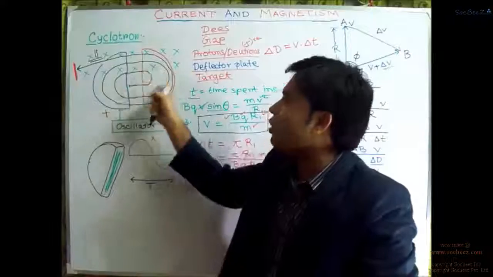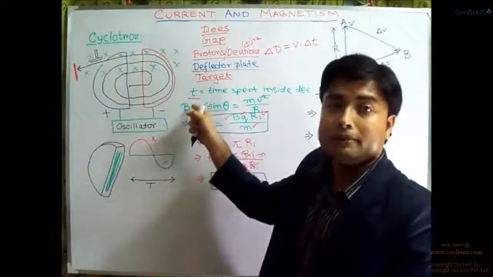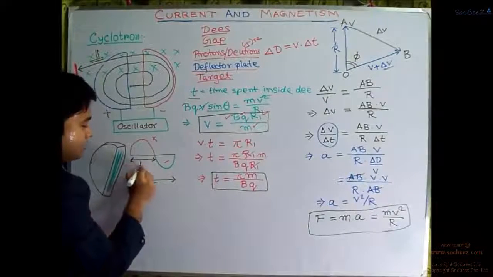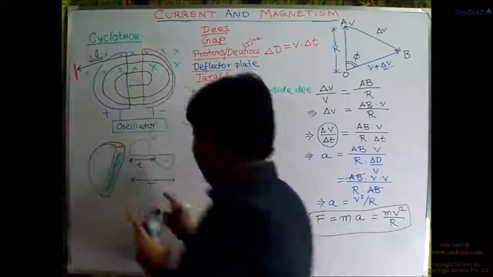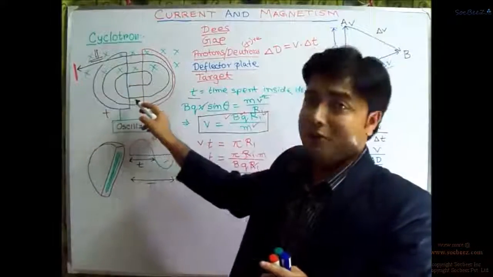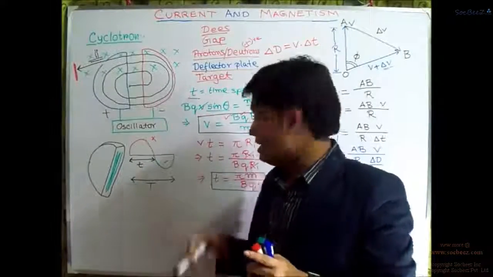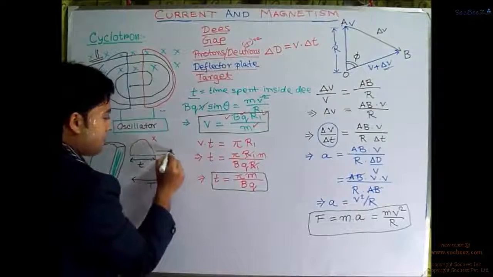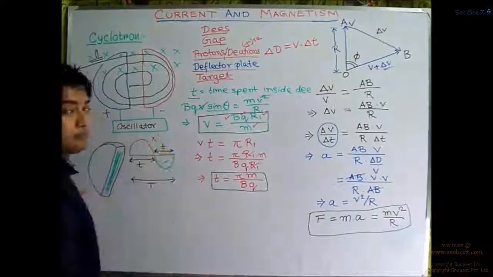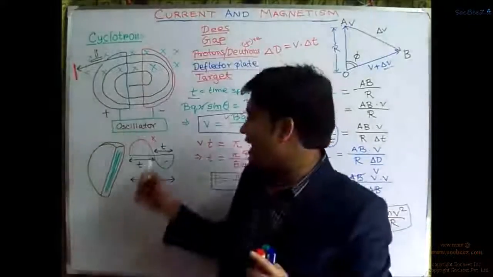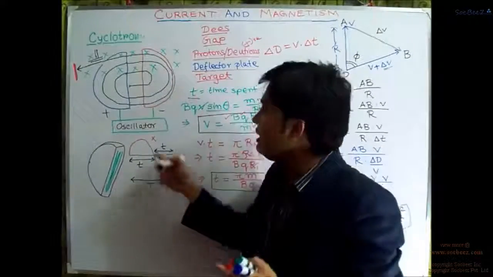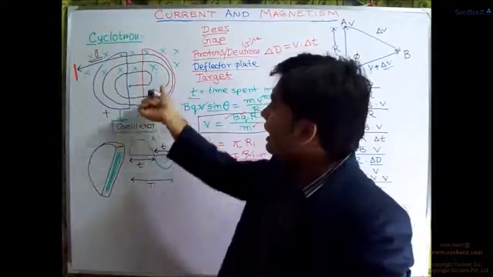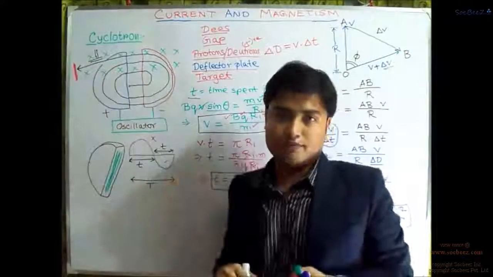So inside this, what was the time? This was small t. So this part will simply be small t, and again when it goes inside, as we know the small t is not going to change, so again at this part there will be small t, right? Again after time small t, this will be positive, and again after time t, this will be positive.